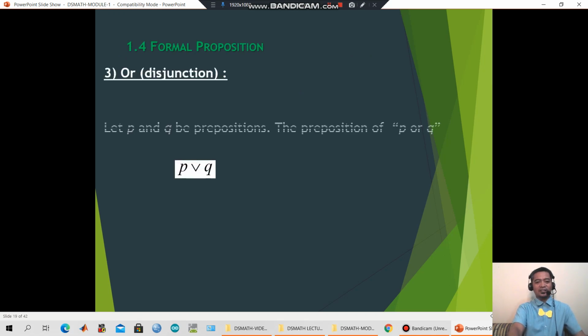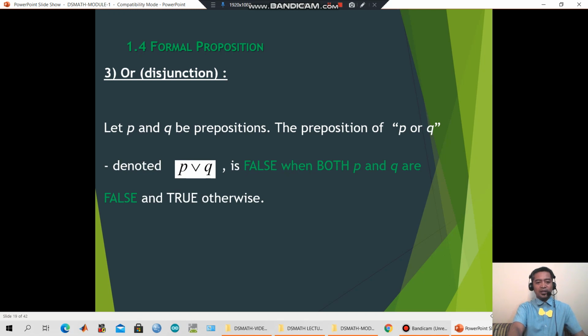Okay? So, ayan. How about disjunction or or? So, let P and Q be propositions. The proposition of P or Q, denoted by P V sign Q, is false when both P and Q are false, and otherwise it's always true.